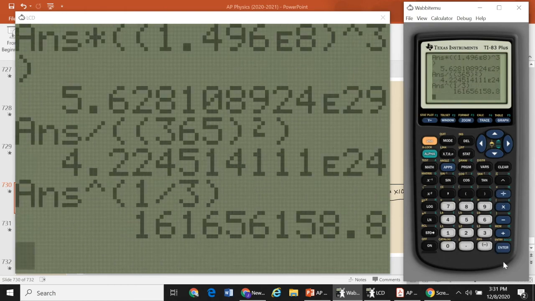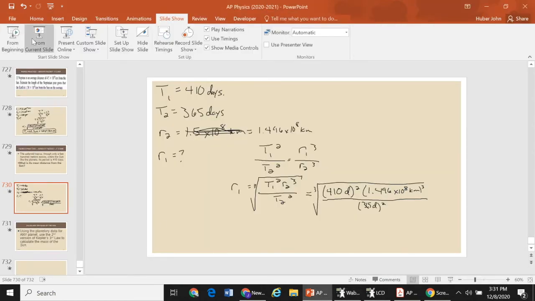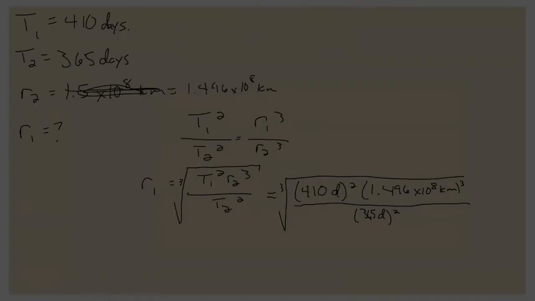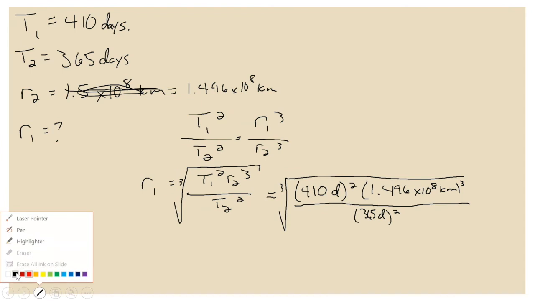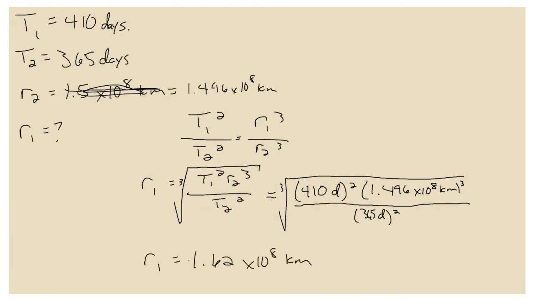And when I do that, I get a disgusting number here, 1.6, and then it's 1, 2, 3, 4, 5, 6, 7, 8. So 1.62, we can call it 1.62 times 10 to the 8 kilometers.